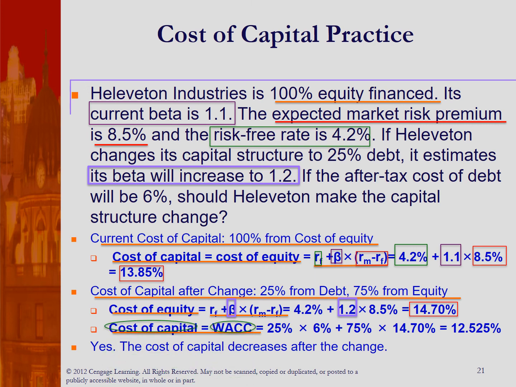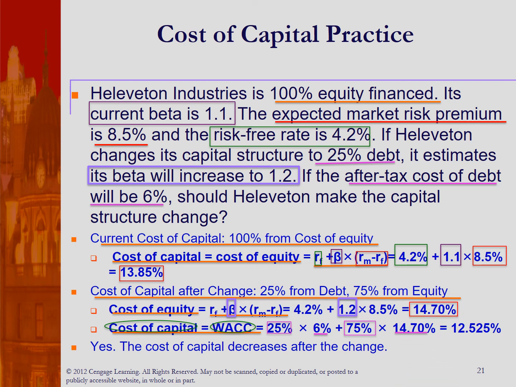We now can compute the cost of capital after the capital structure change. It is the weighted average cost of capital calculated by debt fraction of capital structure, which is 25%, times after-tax cost of debt, which is 6%, plus equity fraction of capital structure, which is 75%, times cost of equity, which is 14.70%.